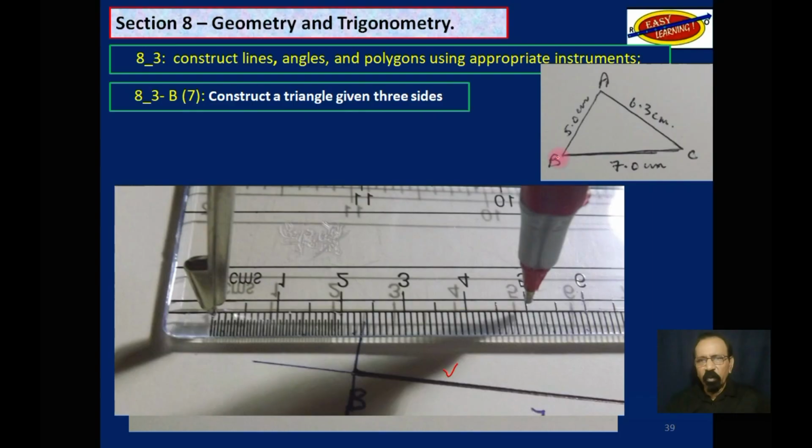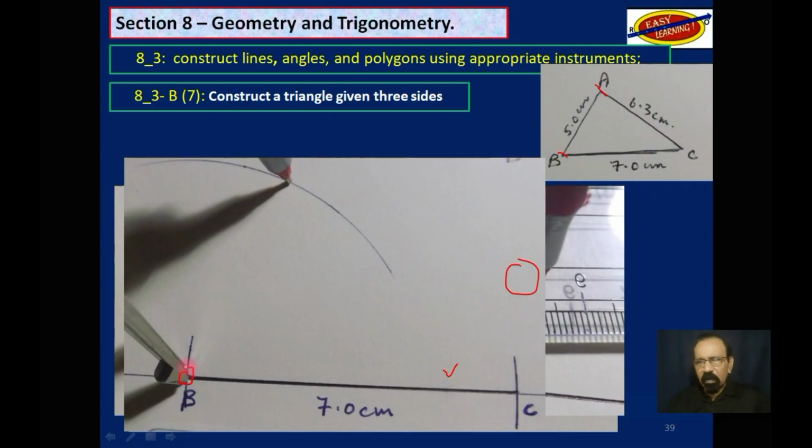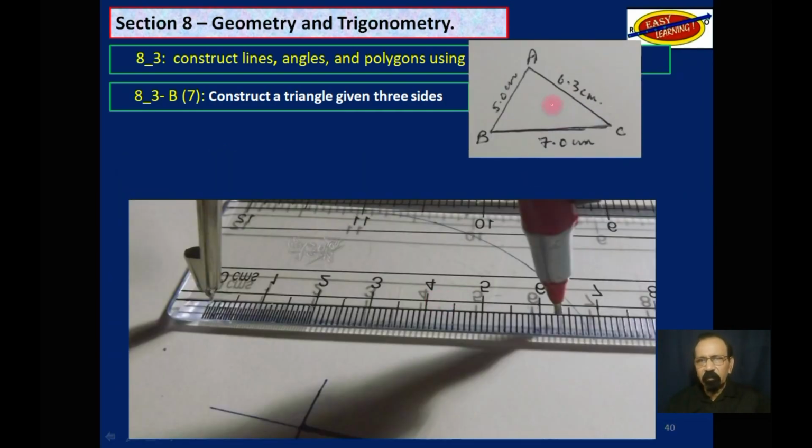Next, we will measure on our ruler using a pair of compasses 5 centimeters. Place the metal point here and make an arc like that up there. So from B to anywhere on this arc would be 5 centimeters. Thirdly, we will extend our compass to 6.3 centimeters from 0 to 6.3 centimeters.